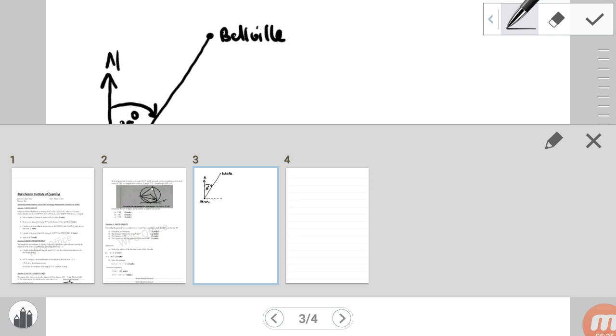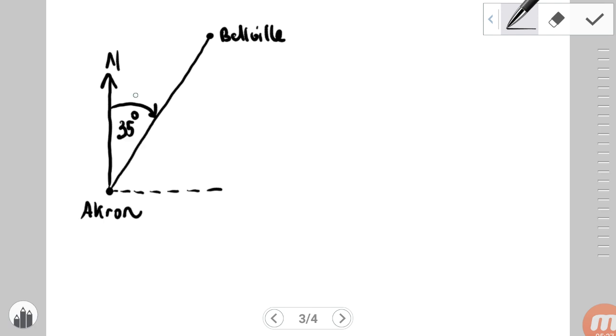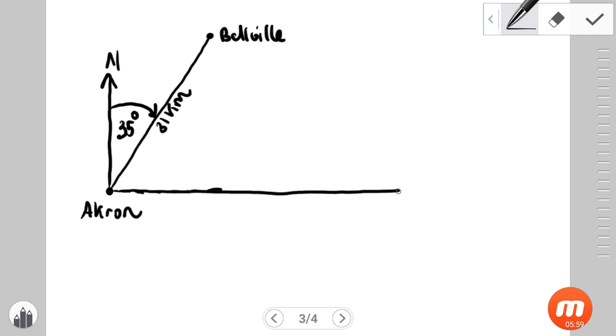So let's put our 31 kilometers here. Another ship leaves to Compton, which is due east, so the ship is traveling exactly 94 kilometers. We're going to make this line a little longer than usual, about 3 times longer than this one. So this out here now would be Compton.